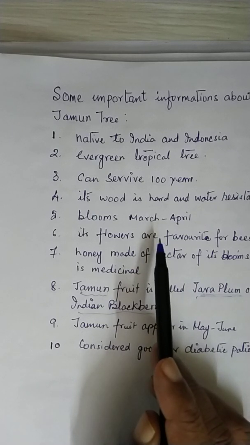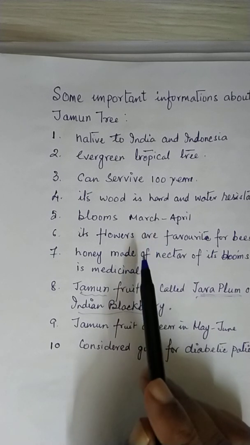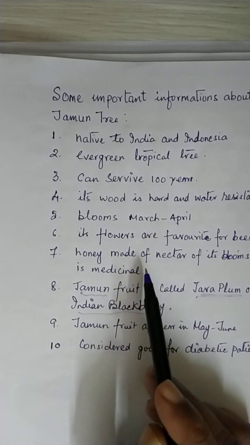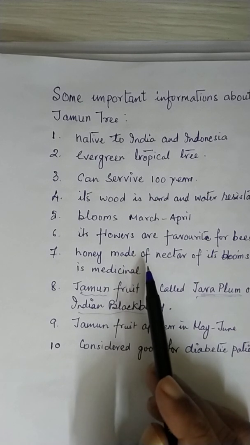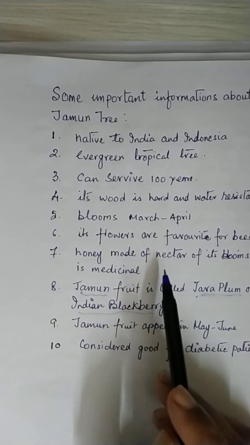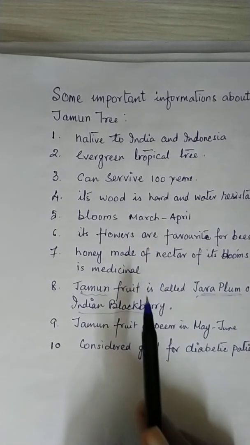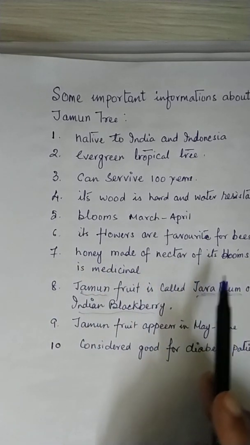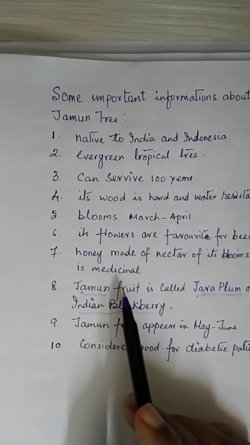And the flowers of Jamun tree are favorite for honeybees. Swarms of bees descend on flowers to collect nectar of the flowers. And the honey made of the nectar of the flowers is medicinal.